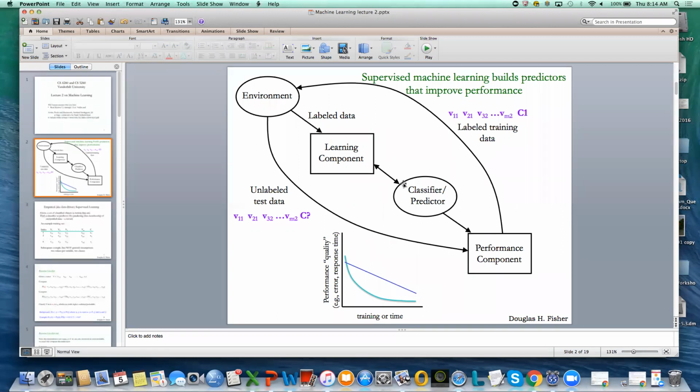The goal of supervised machine learning is to take data which is labeled, this is known as training data, and to learn a classifier, to learn an association between a vector of independent features or attribute values and classes.